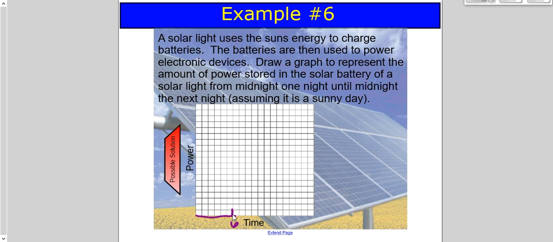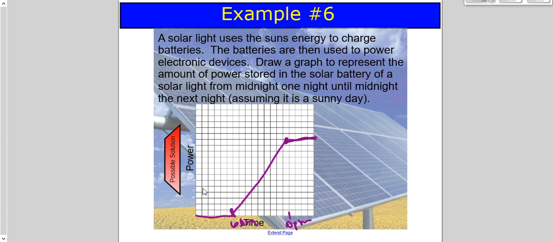And then from 6 a.m., let's say, to maybe 10 p.m., we could look at there's an increase. But then once it gets dark again, we get the decrease. So we get what we call piecewise graphs, right?